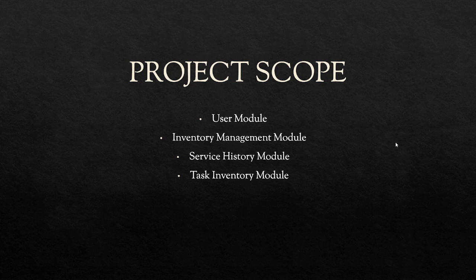Next, we have the inventory management module, which deals with the stock and items in the inventory. And then the service history module, which deals with the CRUD operations in the vehicle service history, and also the task inventory, also regarding CRUD operations in task inventory.